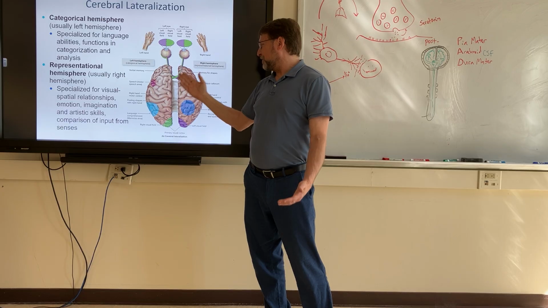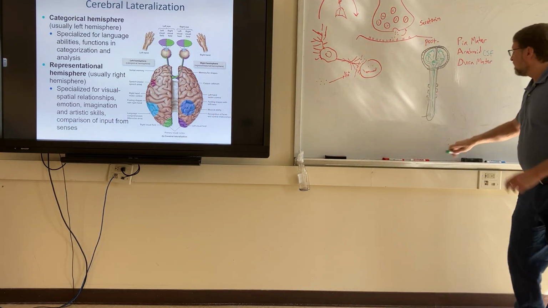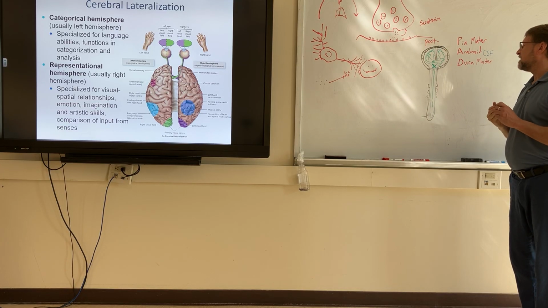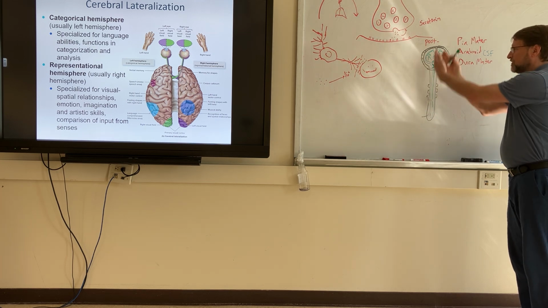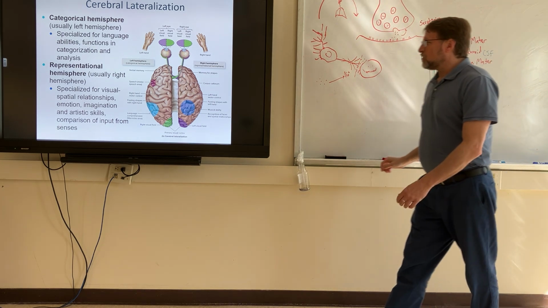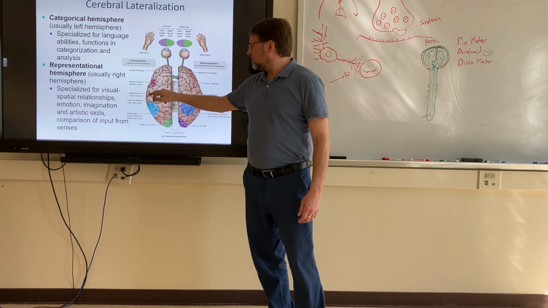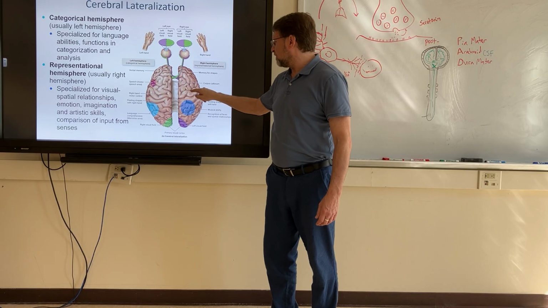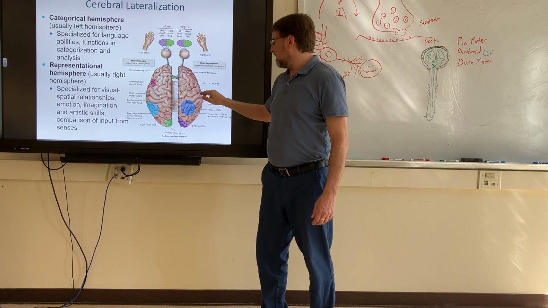Well, again, we don't know why, but we crisscross right here through the pyramids, we call it decussation, right there, just before the foramen magnum, and we send all signals from the right to the left and left to the right. Coming in the same way, we crisscross it. So controlling my right hand is a very specific spot here, but this we could say the strip controls my entire body on the right side, and the strip controls my entire body on the left. This side feels my entire body on the right, and this feels it on the left.